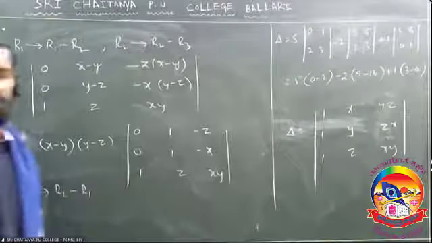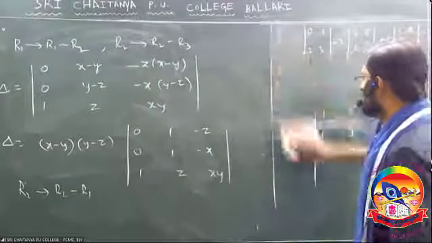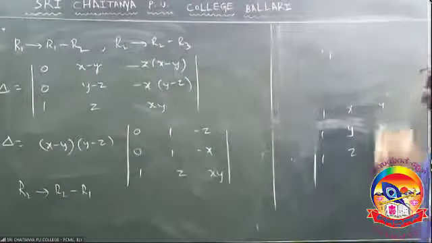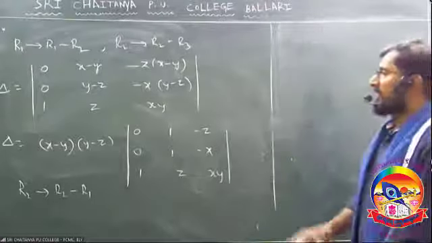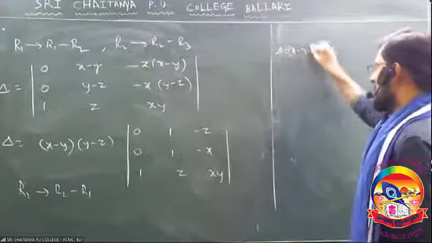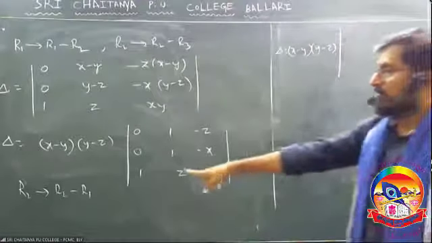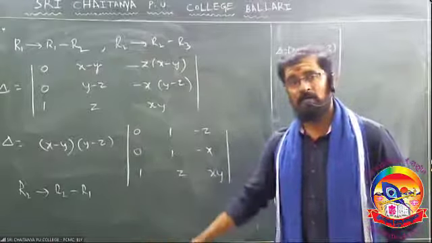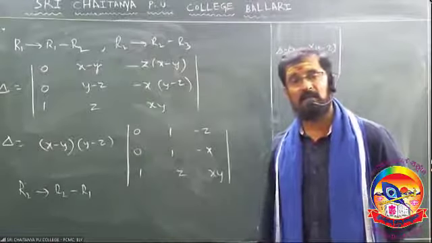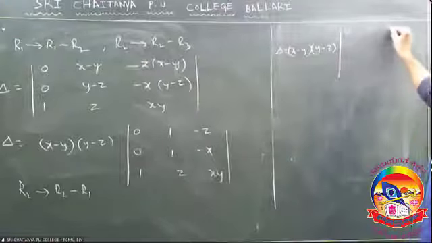If I do this operation, you are going to get delta is equal to x minus y into y minus z into delta of row 2, it is changing. R1 and R3 as it is. So you are going to get R1 as it is.